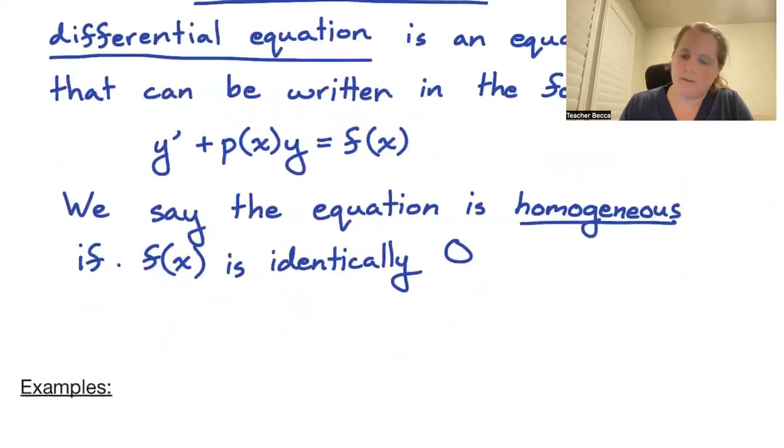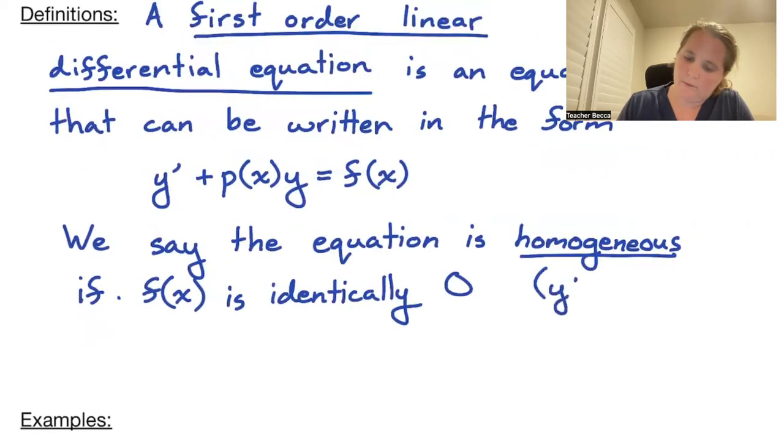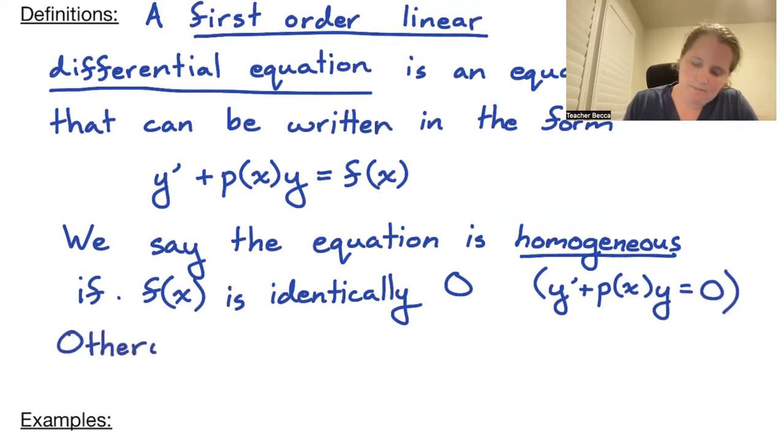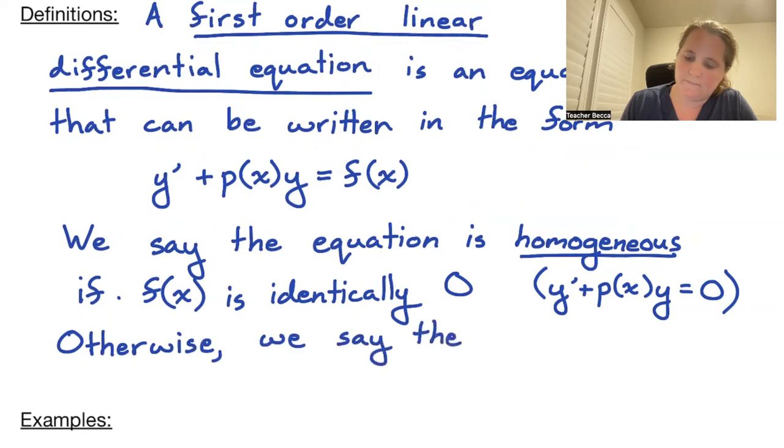So in other words, we have y prime plus p of x y is equal to 0 is our equation. Otherwise, we say the equation is non-homogeneous.